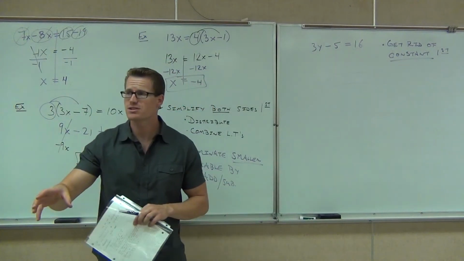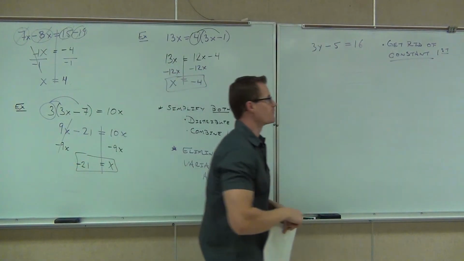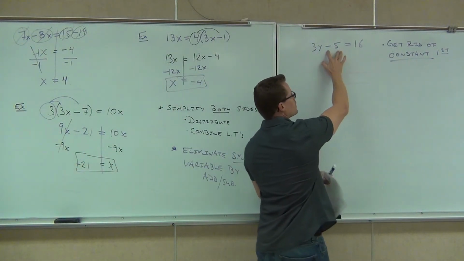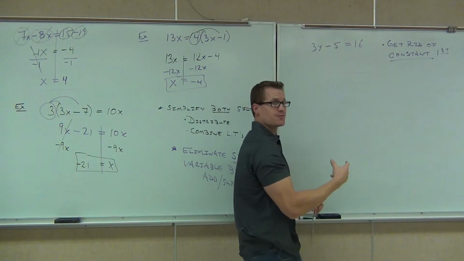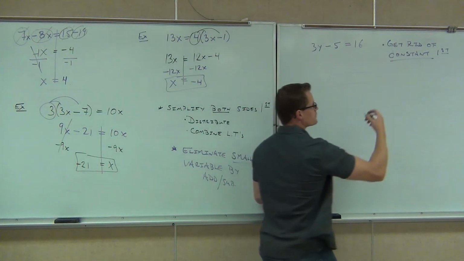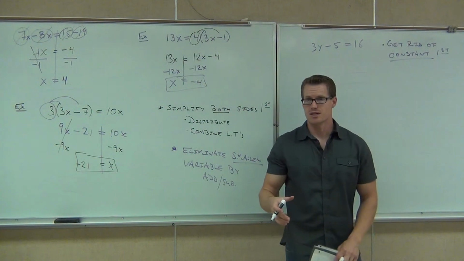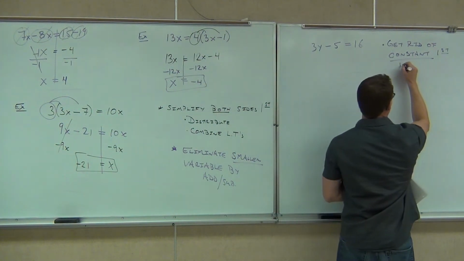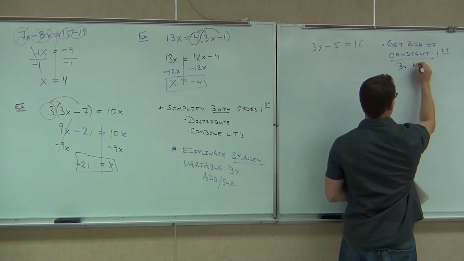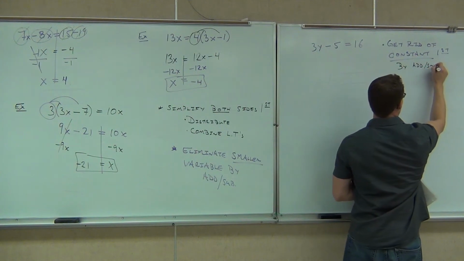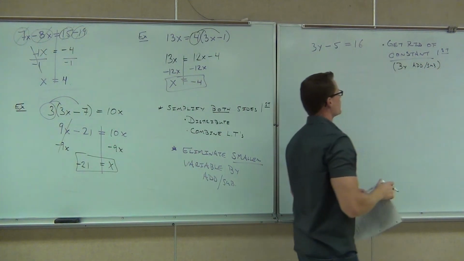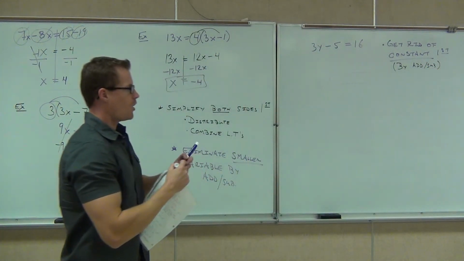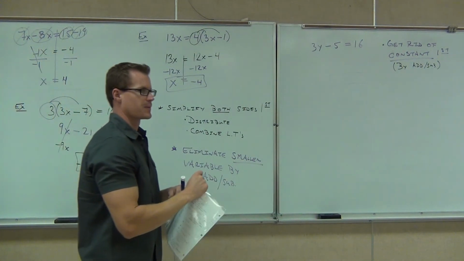The constant number, ladies and gentlemen, is just a number by itself. And I'm not talking about the coefficient, I'm talking about the number being added or subtracted if there is one. So get rid of the constant first. This will always be by addition subtraction.